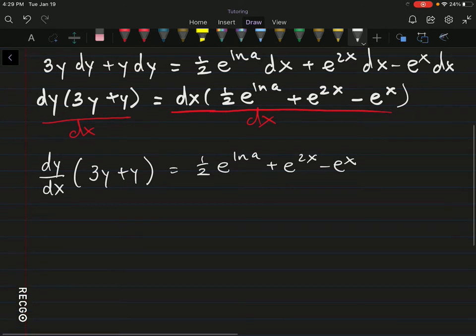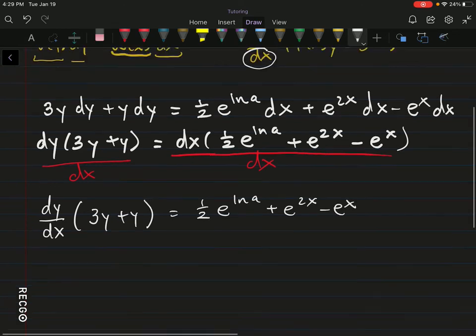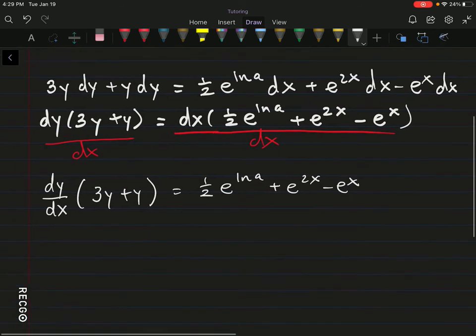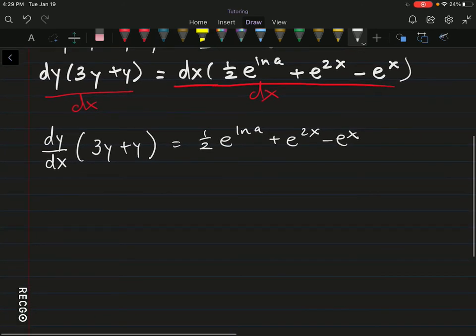Now here, because in form 2, dy dx doesn't have anything multiplied to it, nothing in front, nothing here, we want to move this entire parentheses over to the right side in order to make it fit the form.